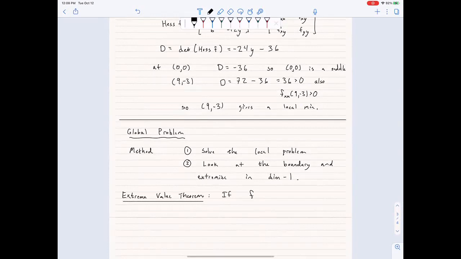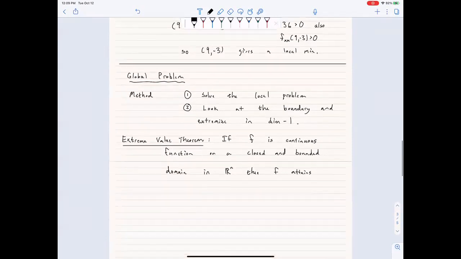It just says that if f is a continuous function, doesn't have to be differentiable, on a closed and bounded domain, remember, we defined these terms a few lectures ago, inside of n-dimensional space, doesn't matter what dimension, then f attains, in other words, it's not like there's some upper bound to f, it actually will reach that upper bound, a global minimum and maximum.